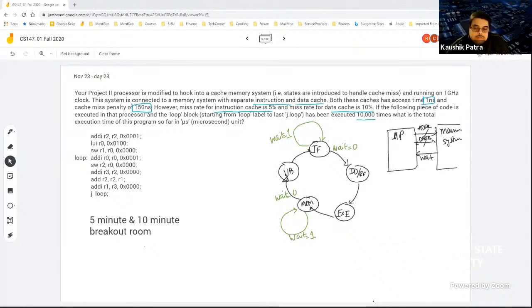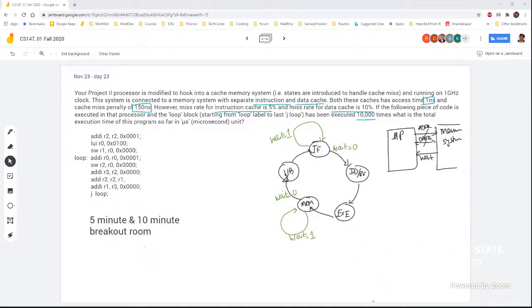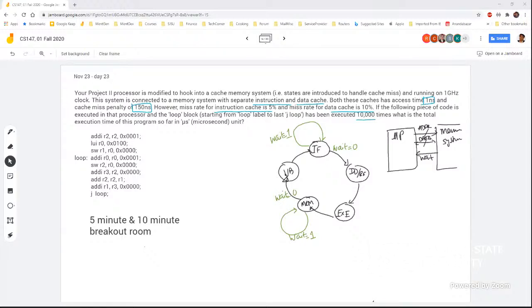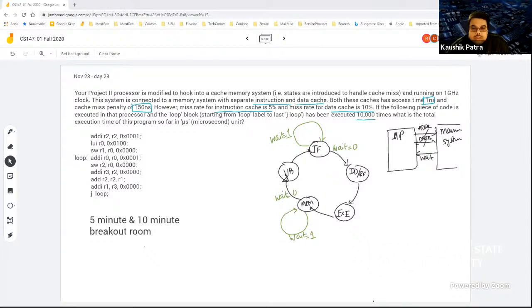Yes, more or less similar. Maybe some assumption is not matching with my assumption, but that doesn't mean you are wrong.